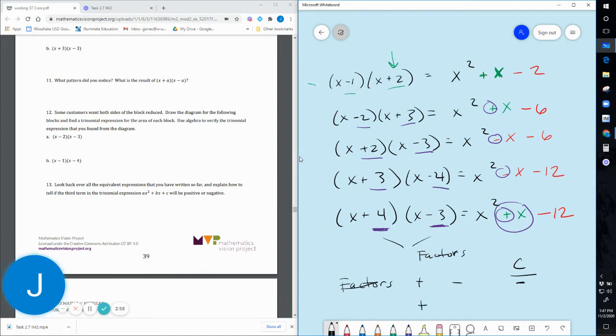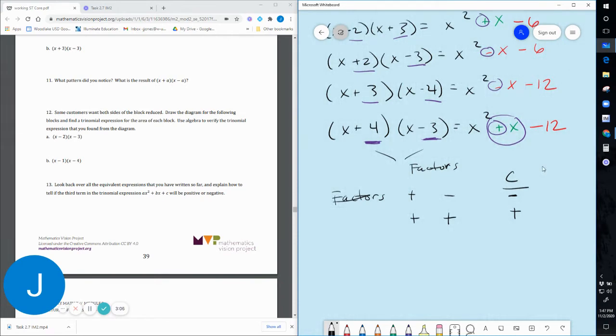If you have two positive factors, your c value is going to be positive. And if you have two negative factors, then your c value is going to be positive. Because a negative times a negative is a positive, a positive times a positive is a positive, and a positive times a negative is a negative. So this is actually pretty good. Okay, that's basically the answer for number 13.